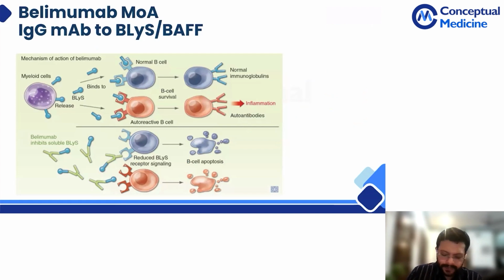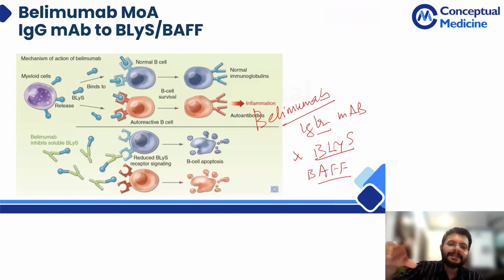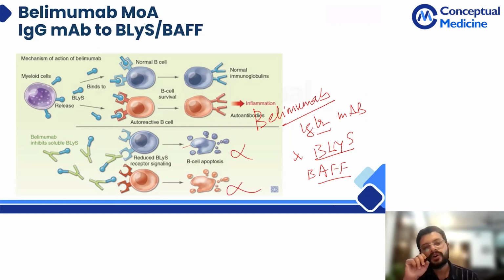So just one extra word about the mechanism of action of Belimumab. Belimumab is an IgG monoclonal antibody against the B lymphocyte stimulator, also called the B cell activating factor. When belimumab binds to this receptor, it leads to the apoptosis of the B cell.